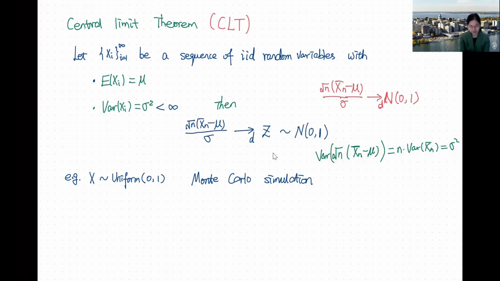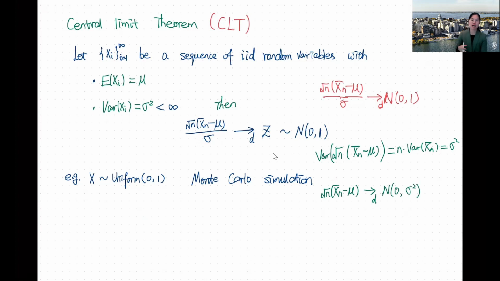But why do we scale it by the inverse of the standard deviation? That is actually not necessary. If you don't standardize it by sigma, the standard deviation, this still converges in distribution to something interesting, and that's going to be normal with mean 0 and variance sigma squared.